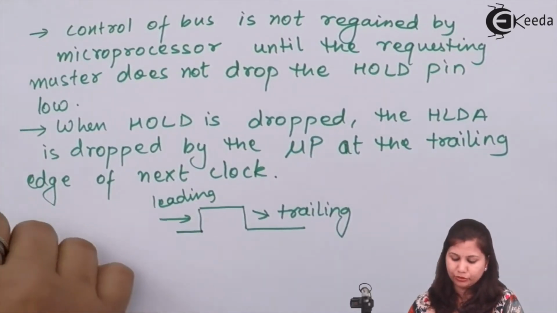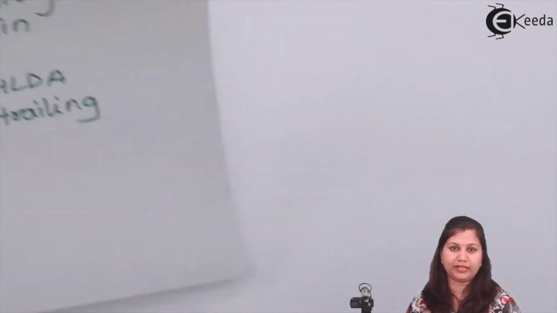Now let's come to the minimum mode interface. Minimum mode interface means all the devices which are connected to the 8086 microprocessor during the minimum mode configuration.